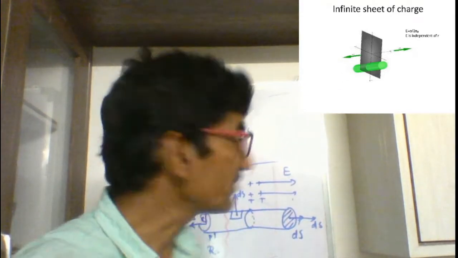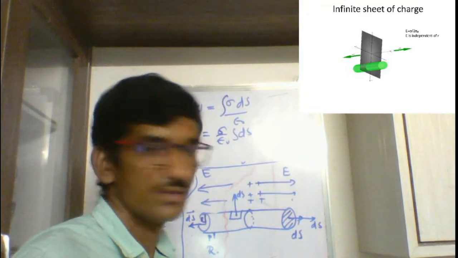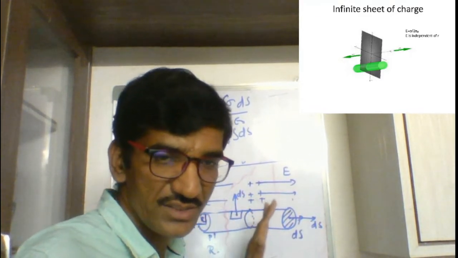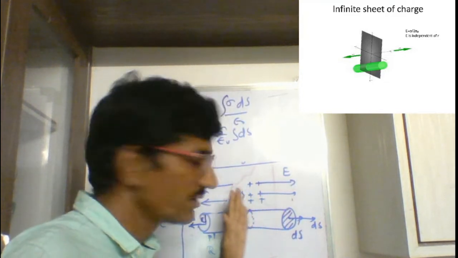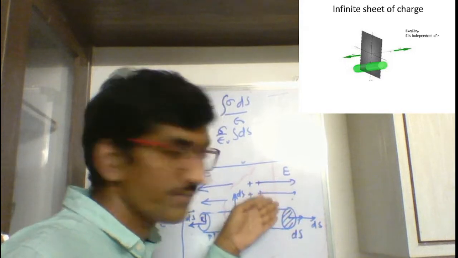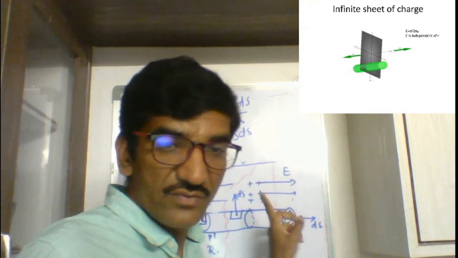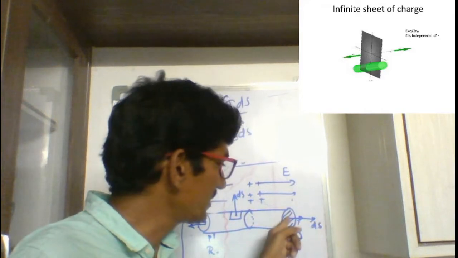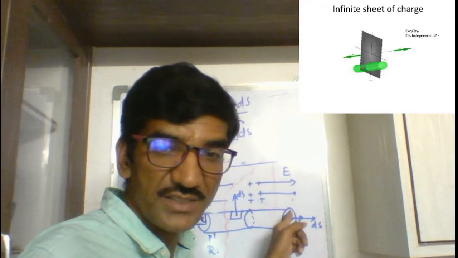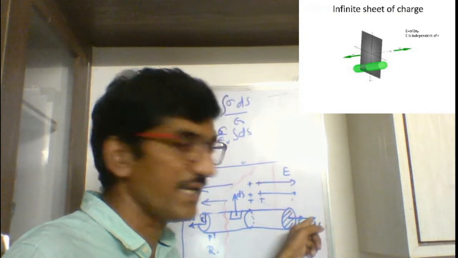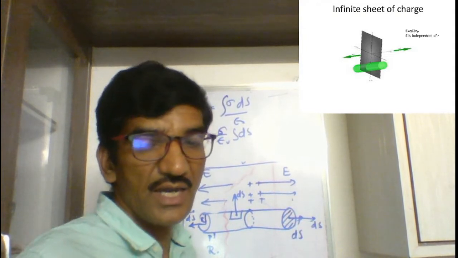Now, what can you conclude from this? On both sides of the infinite charge sheet, field intensity does not vary with the distance of that point from the plate, the distance of this point P from the plate. You may locate P here, here, or here, but the E will be the same.